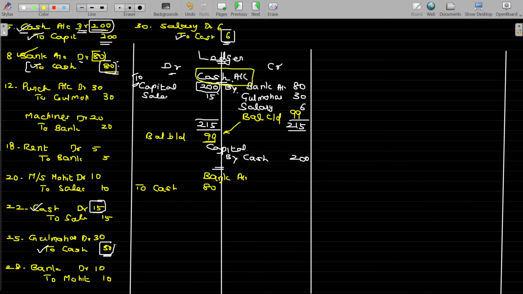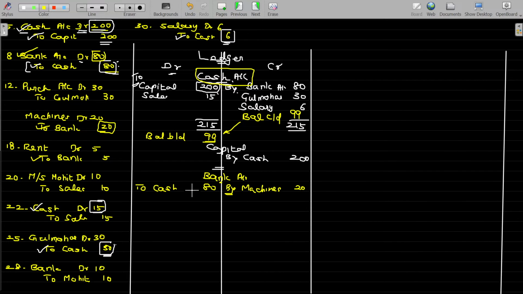Of course, on the 12th we have one more transaction, 20, and it is in the credit side. Put the value in the credit side, 20. I have to name the opposite account, which is machine. So by machine will be the word I am using here. Whatever the debit term, is now replaced with by. That's all. By machine 20.